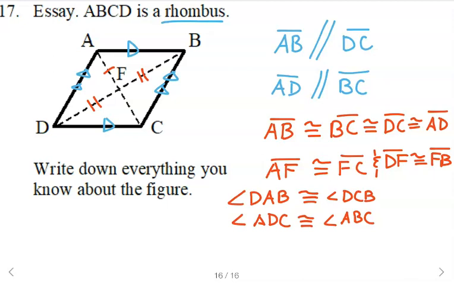We could also go for all of these other angles, like this angle is congruent to this one, congruent to this one, alternate. All of these alternate interior angles are congruent. So this one with 4 marks will be congruent to this one as well. So lots of different things we can state there.